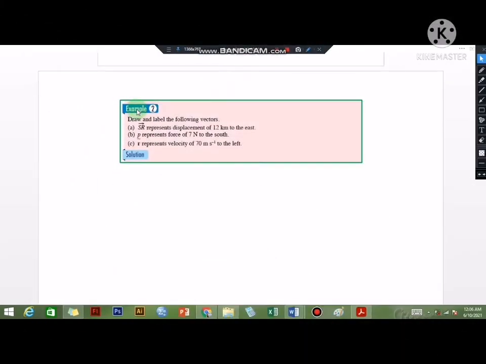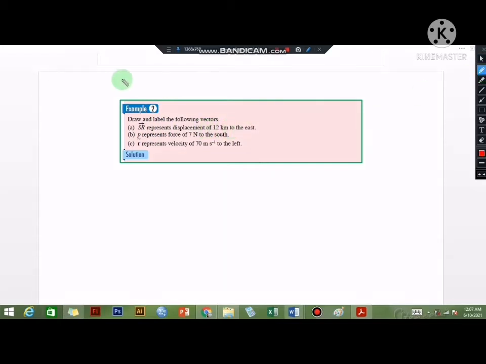Now class, let's look at example 2. For example 2, draw and label the following vectors. Look at A. Vector SR represents a displacement of 12 km to the east.